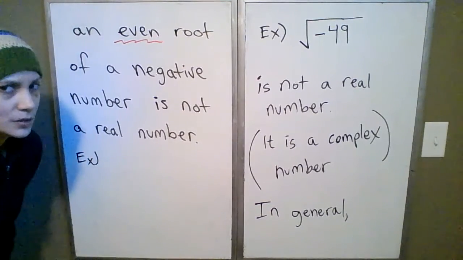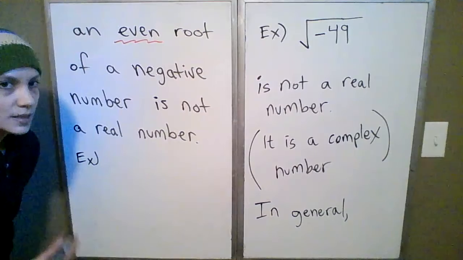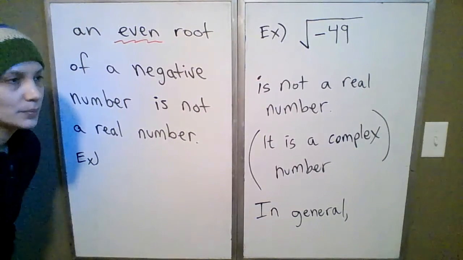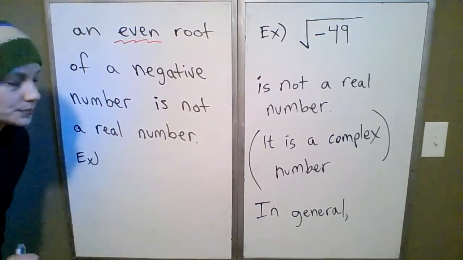We're not even going to go too far into complex numbers. We're just going to say if it's able to be simplified, we simplify it. If not, then if it's not a real number, we'll just write down not real. Okay.